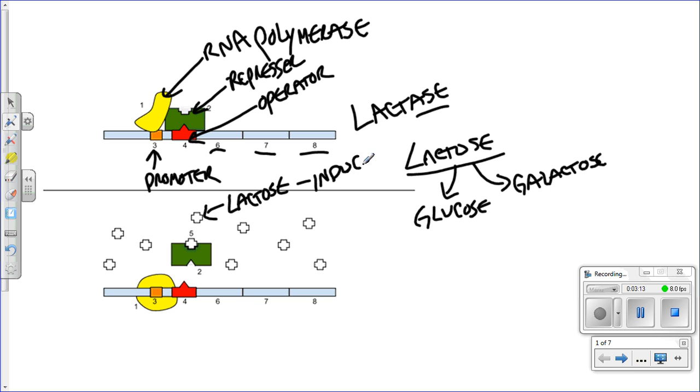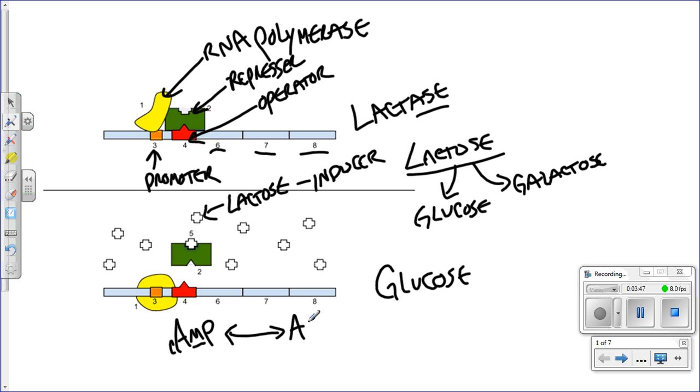Now, there's more to this that we have found out over time, that there are actually two pieces that govern how this works, because if lactose is present and glucose is present, this will govern how much lactase actually gets made. So there are other pieces, specifically cAMP, cyclic AMP. AMP stands for adenosine monophosphate, which can be turned into ATP, a reversible reaction here.